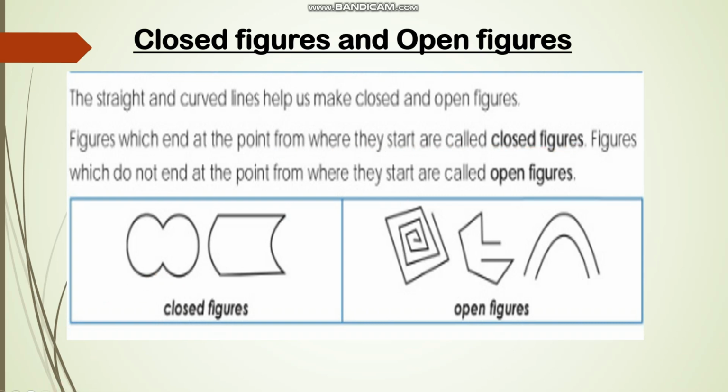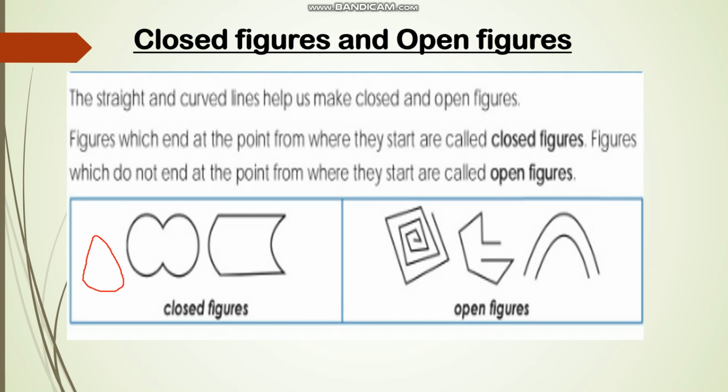My dear children, look here. If I am going to draw a picture, and I am starting from this point and I am ending at the same point, then this is a closed figure. Figures which end at the point from where they start are called closed figures.